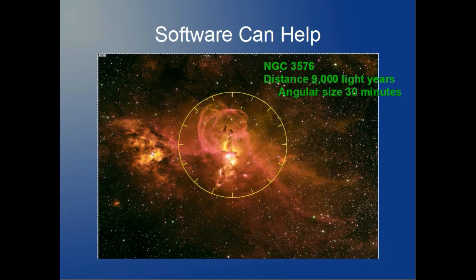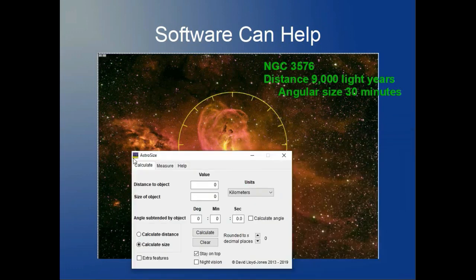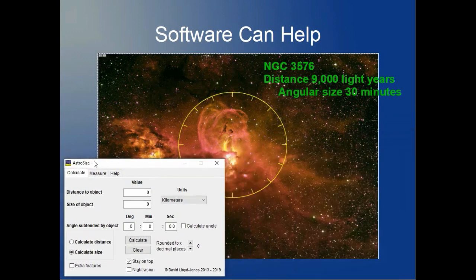Right, let's bring in AstroSize and enter the 9,000 light years that we're given. Okay, the angular size is 30 arc minutes, and we'll press the calculate button and we get a return value of 79 light years for the size of the object.